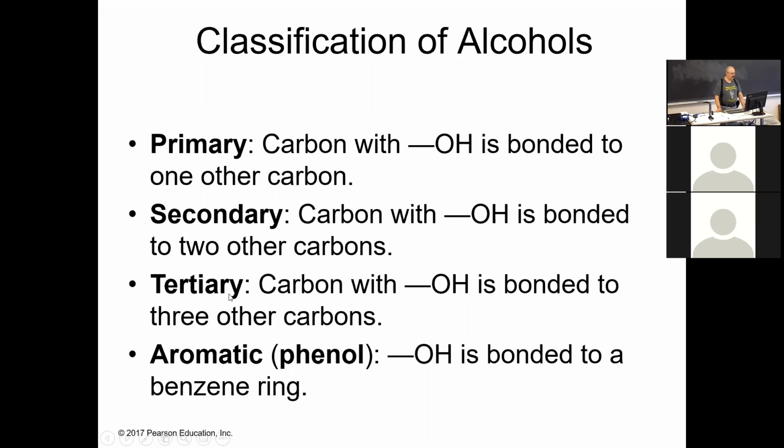For a secondary alcohol, the carbon with the OH is bonded directly to two other carbons. And a tertiary alcohol is one in which the carbon carrying the OH is bonded to three other carbons. These are all distinctly different from phenols, in which the OH is bonded directly to an aromatic ring or benzene ring.